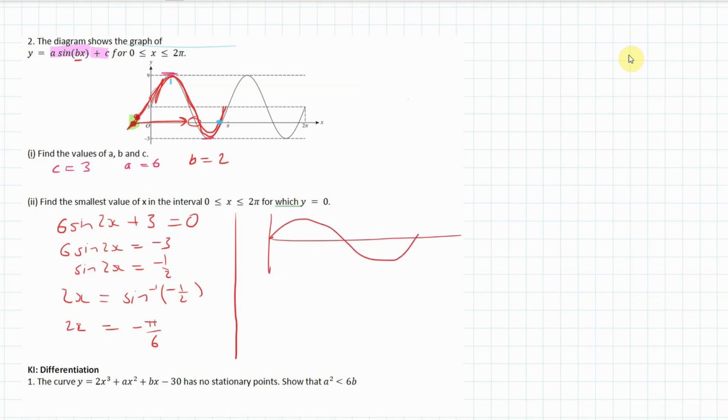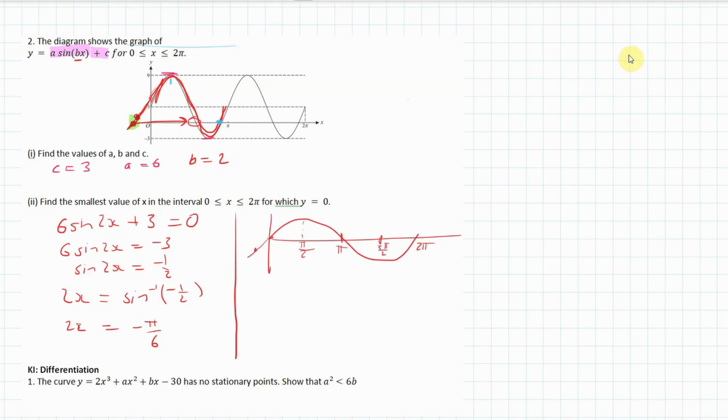Okay, and we've got 2x equals negative pi over 6. Well, you could see that that would be somewhere over here. Now in our normal graph here, we've got pi over 2. We got 2 pi over here. This bit here is 3 pi over 2, and this would be pi here.